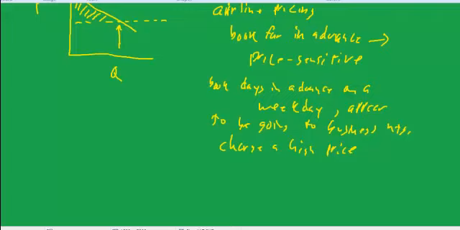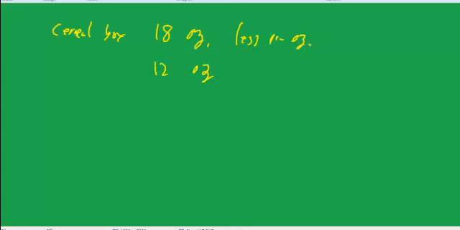Okay, here's another example. Why does the cereal box that has 18 ounces sell for less per ounce than 12 ounces? I think the reason for that, again, is price discrimination.